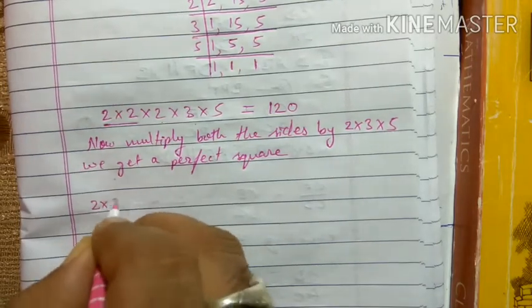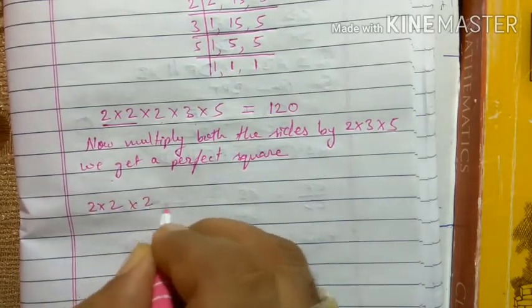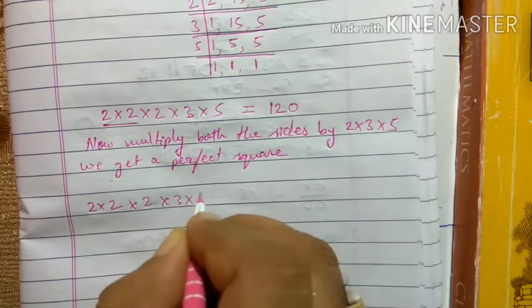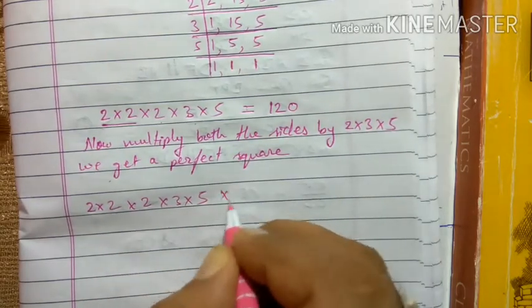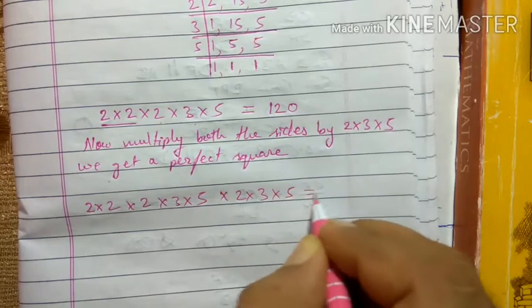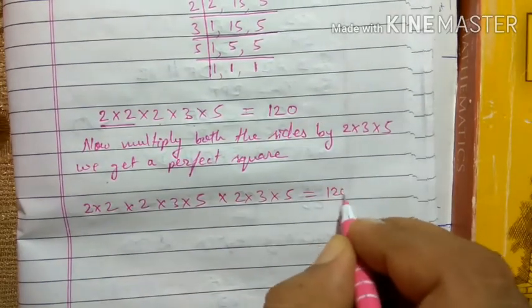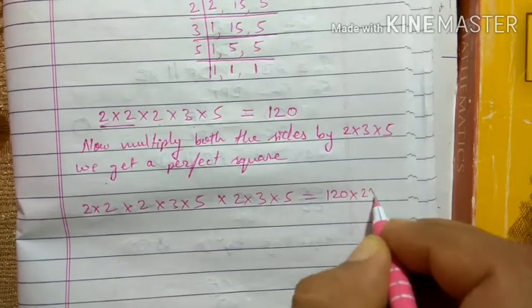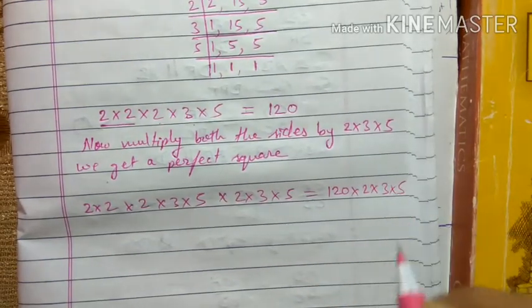So now just multiply. 2 into 2 into 2 into 3 into 5, again multiplied by 2 into 3 into 5. And here also 120 is multiplied by 2 into 3 into 5, right?